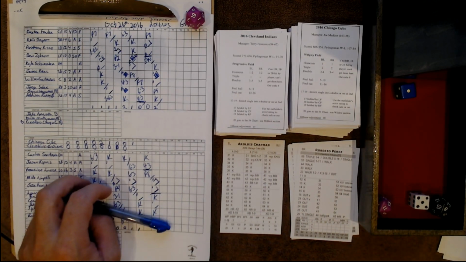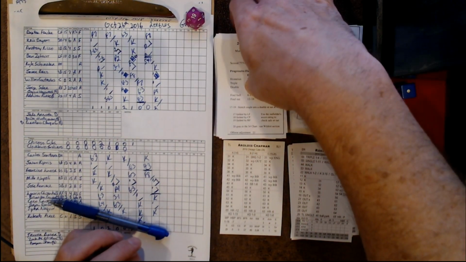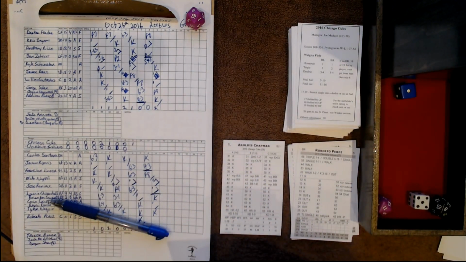Unless we pull him, which we might do. I might make an executive decision. Maybe not. Hang on. I need to see about this. Again, I'm managing for both teams, right? But I am managing. I'm doing things for both teams.